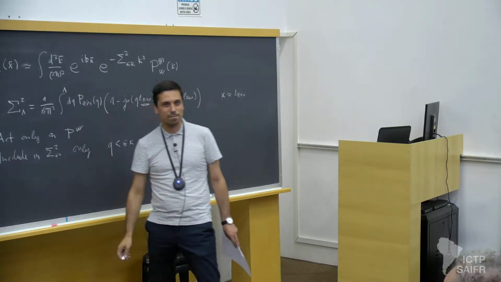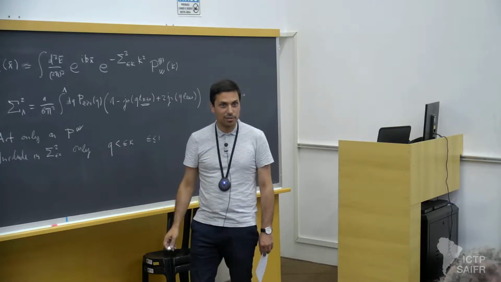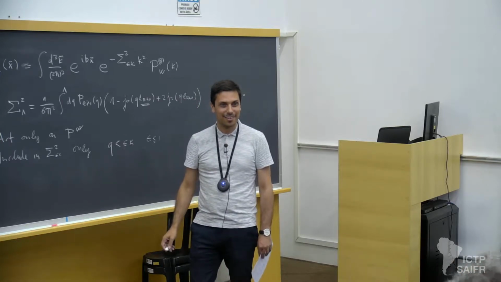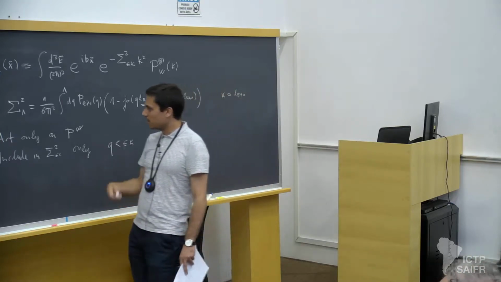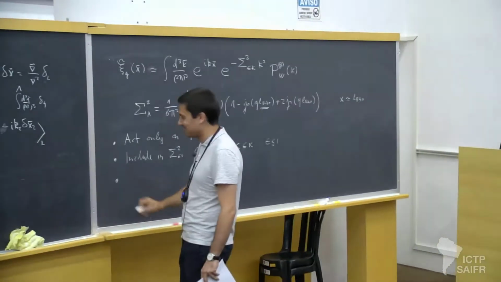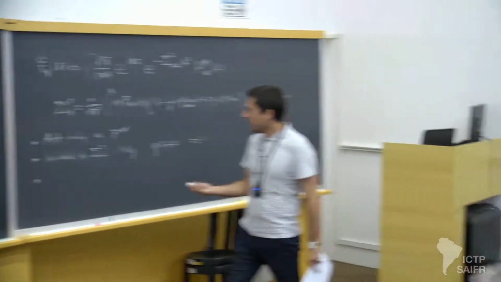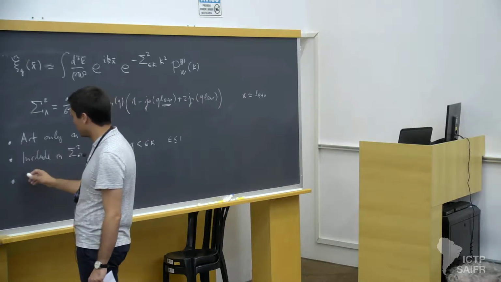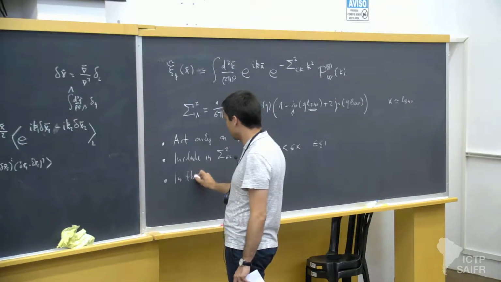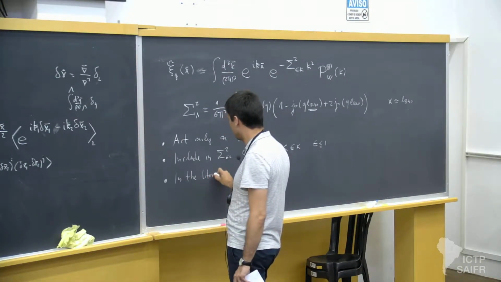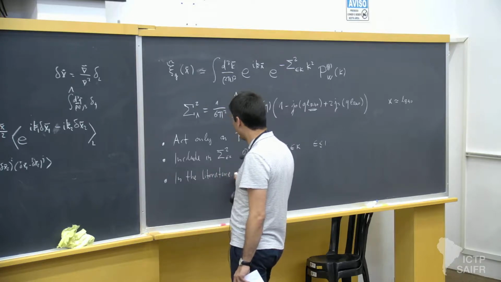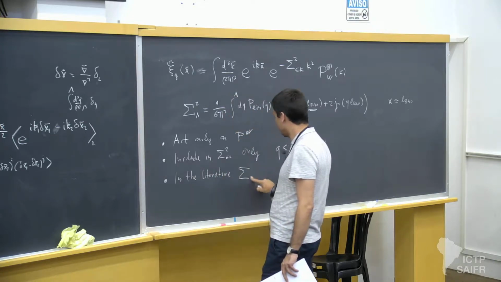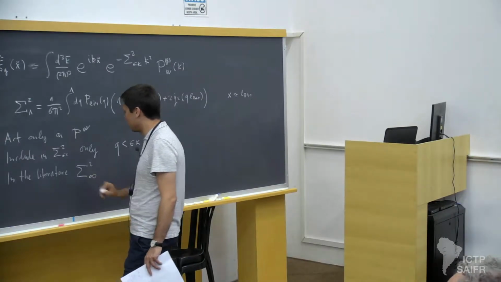Is this integral finite if you take lambda to infinity? Absolutely. So the long wave modes probably don't... Exactly. So that is a third thing. Many people use this formula. In the literature there is a formula where you use epsilon k to infinity.